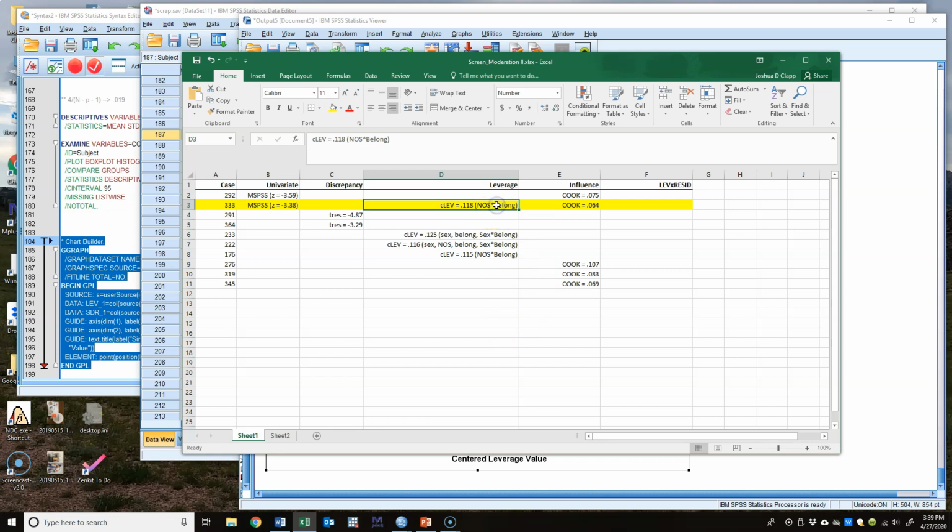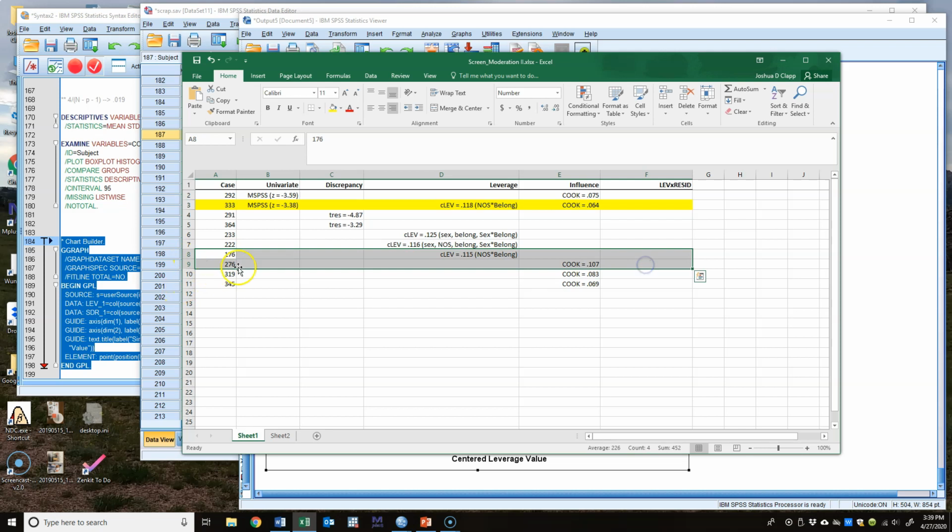So this has a weird interaction in terms of predictive space and is also coming up as one of our high influence values. So I might take a look at that. And I also might take a look at 276, just because that had a really obscene influence value.